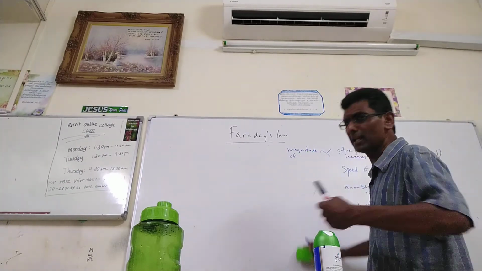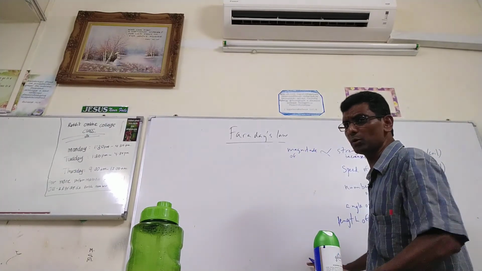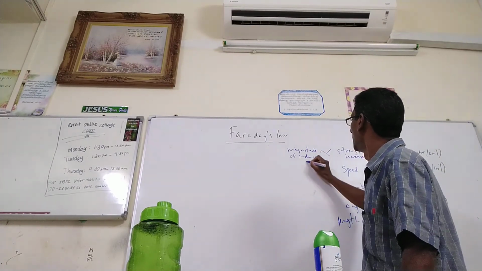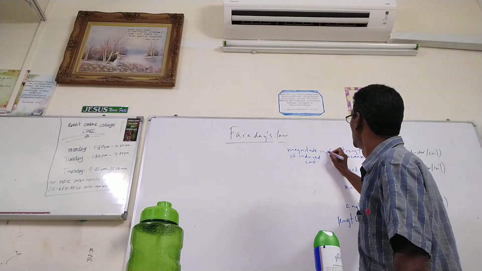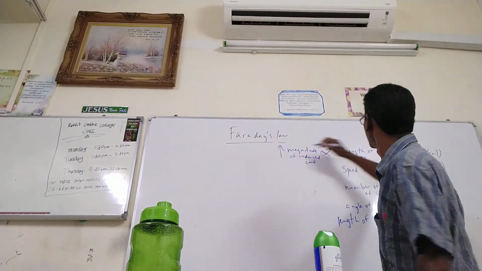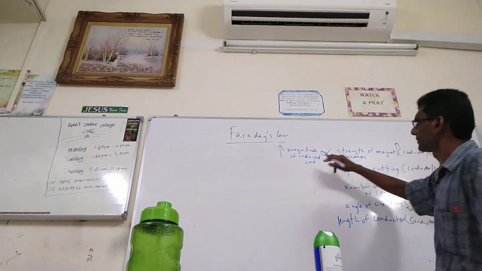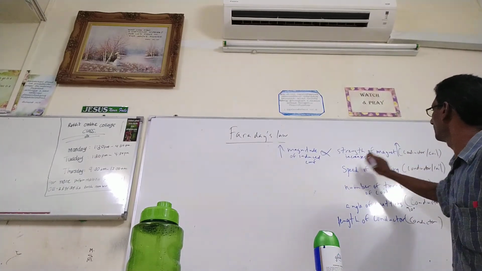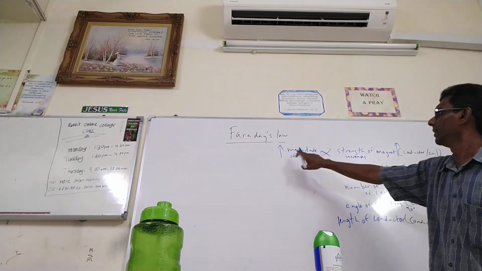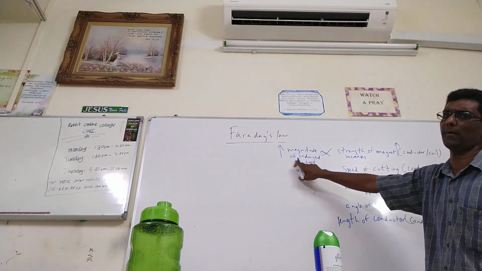Induced EMF is not battery voltage. Again, I repeat to you, it is not the battery voltage, it is induced EMF. So the magnitude of induced EMF increases when the strength of the magnet increases.